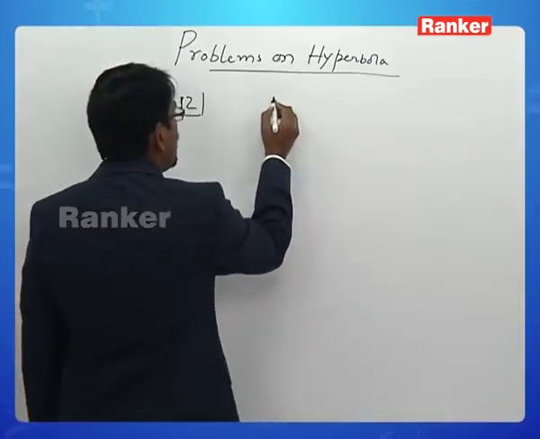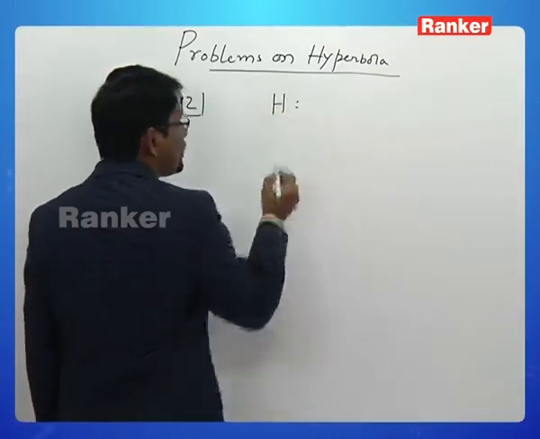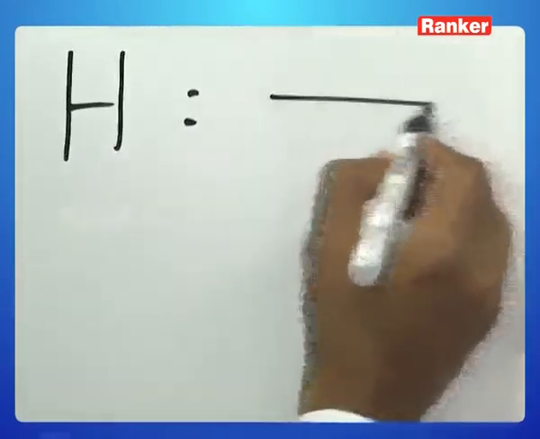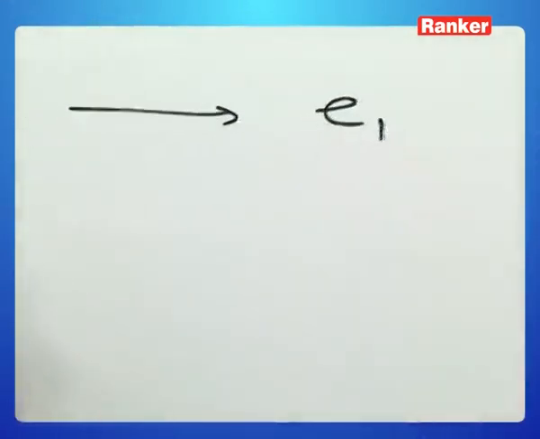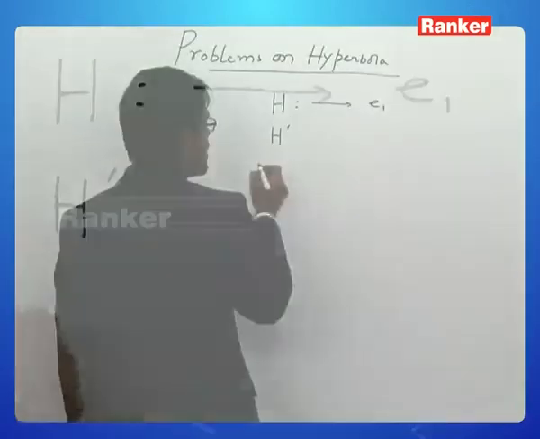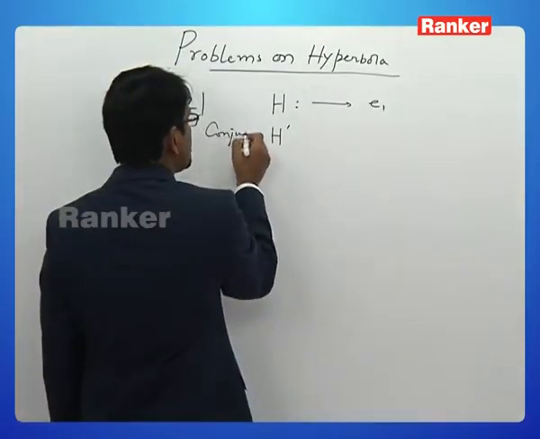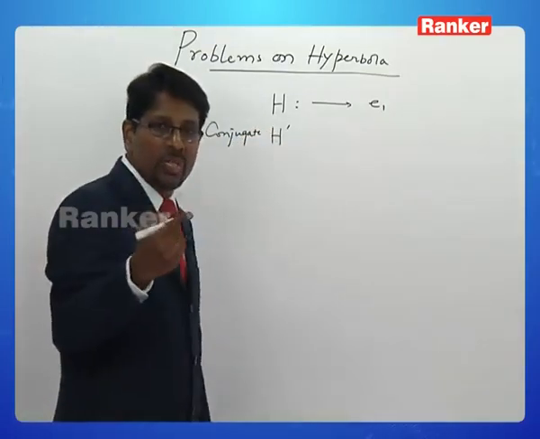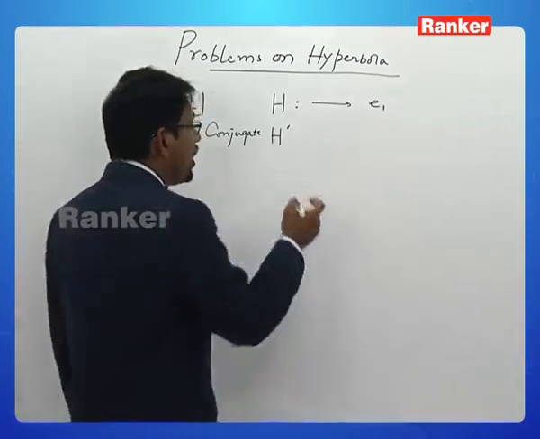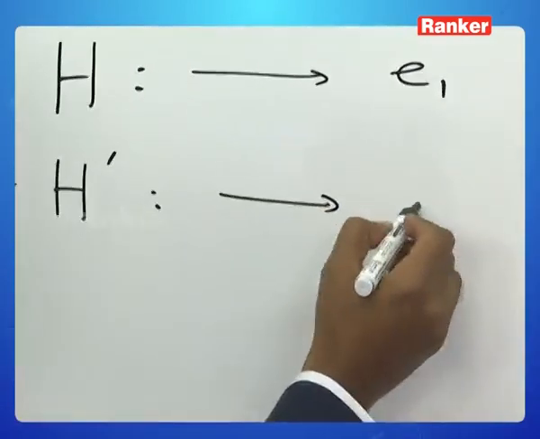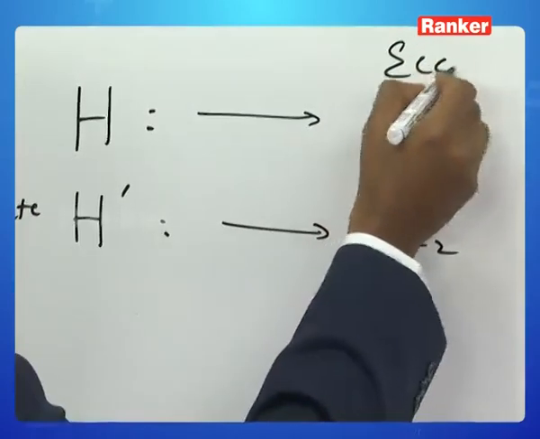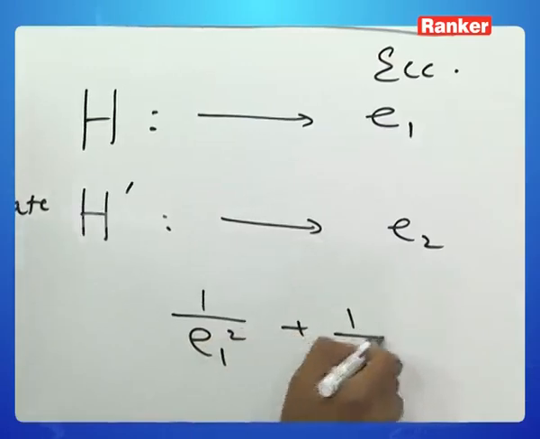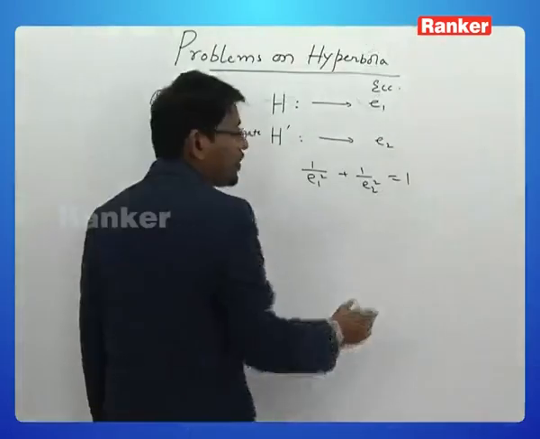Now, if H is a hyperbola and if its eccentricity is E1, its conjugate H dash will have its transverse and conjugate axes reversed, and suppose its eccentricity is E2, there is a relation: 1 by E1 square plus 1 by E2 square is equal to 1.